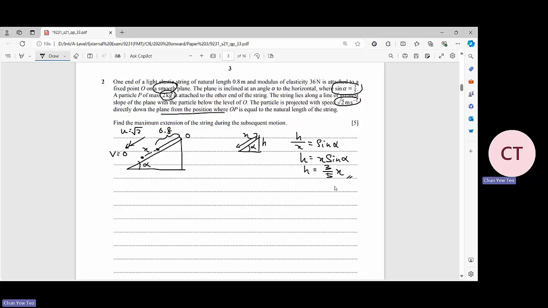You need this because we need to use conservation of energy. So by conservation of energy, you have the GPE loss equal to the KE gain plus the EPE gain.